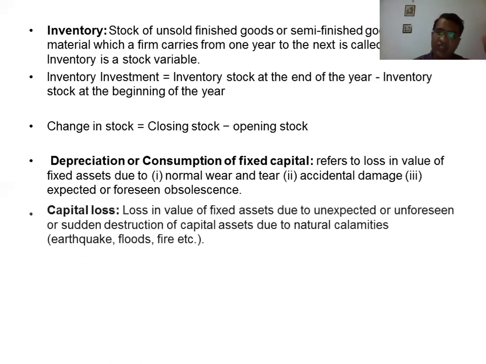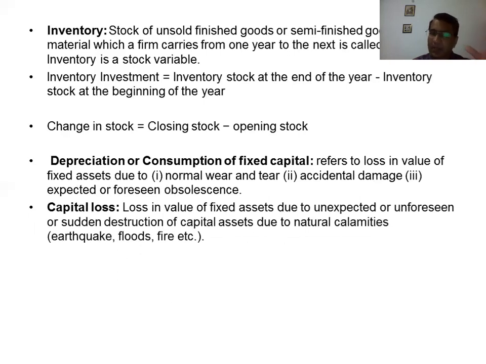In contrast to this is capital loss. Capital loss is unexpected loss in the value of fixed assets due to unexpected or unforeseen events, such as sudden destruction of assets due to natural calamity, earthquake, flood, fire, accident, etc. That is called capital loss. Depreciation is expected.